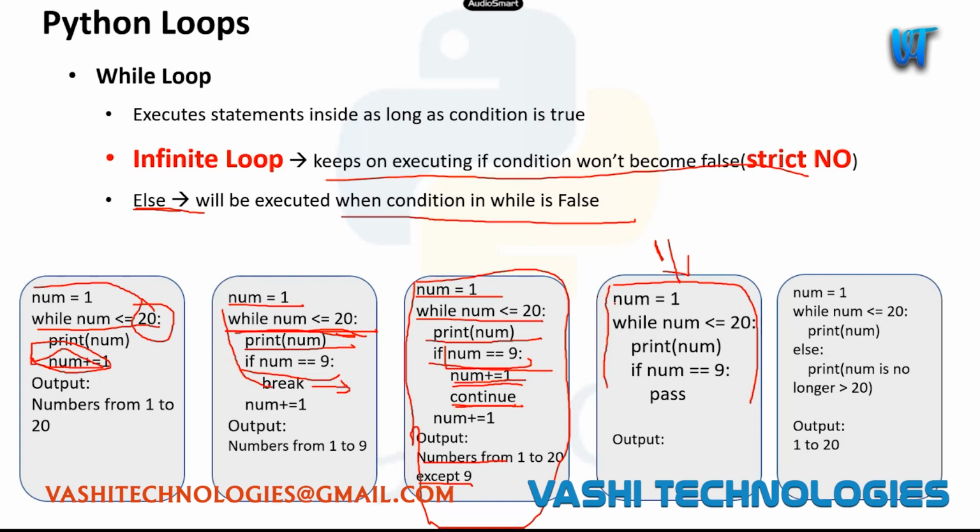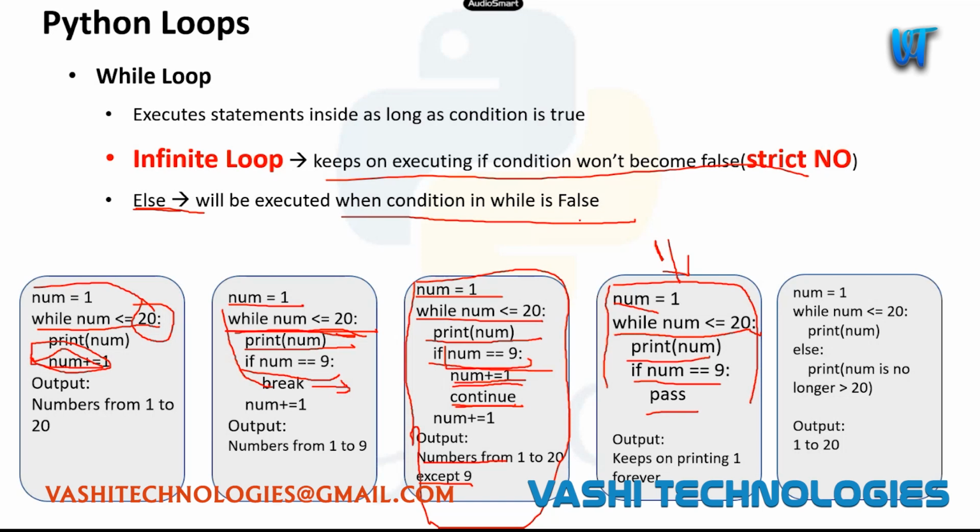If you carefully observe what I am doing here, I am initializing number equal to 1, and while number is less than or equal to 20, I am printing number, and if number equal to 9, I am just passing. So only one will be printed as you said, but it keeps on printing one forever.